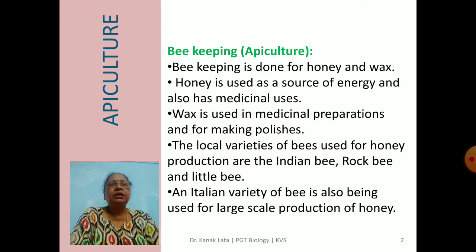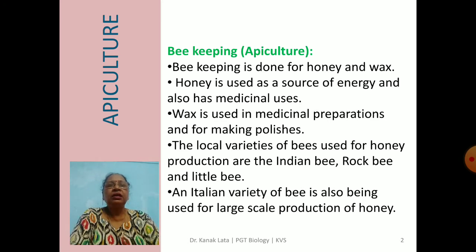So what is apiculture? Whenever we are culturing honeybees on large scale, then it is called as apiculture. And this apiculture is for products, that is for honey and for bee wax. So what are the two products we are getting out from the bees?